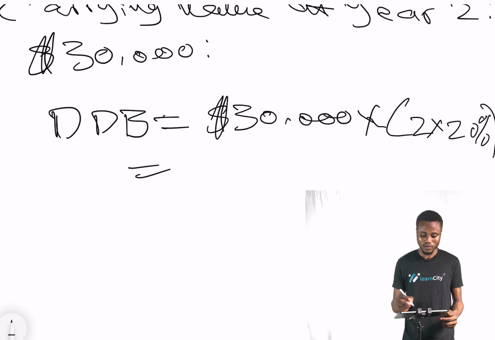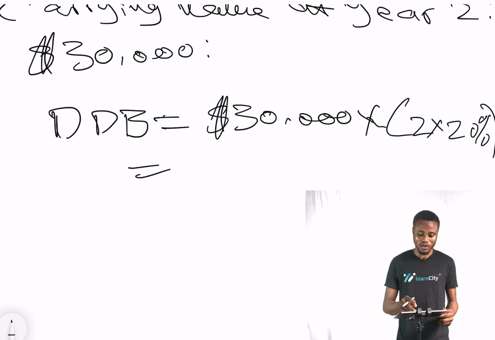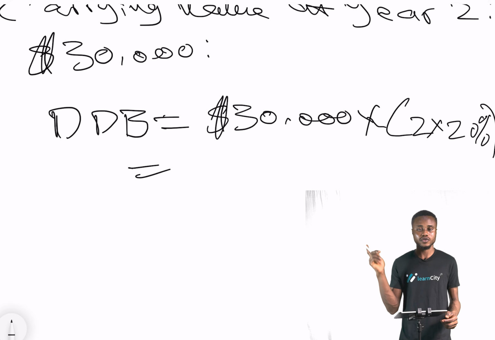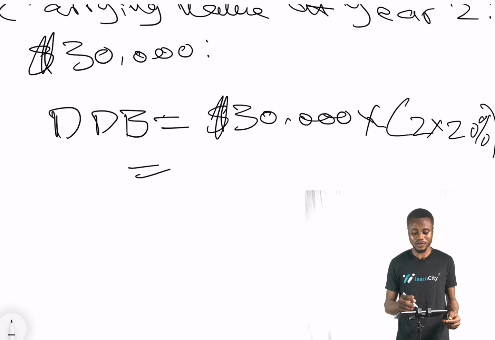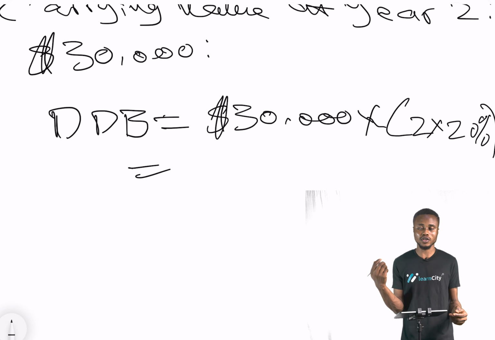So for this year 2 now, the 30,000 US dollar we use is from the previous year, which is year 1, multiplied by open brackets 2 multiplied by the 20% we are given in the question. So if you press this in your calculator, 30,000 US dollar multiplied by 2 multiplied by 20%. As I explained earlier, this 20% is 0.2.